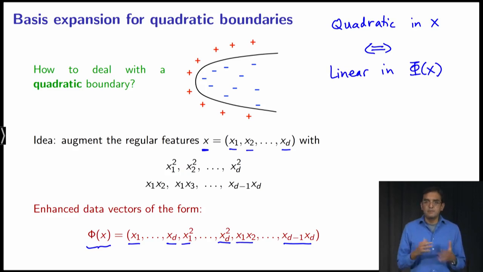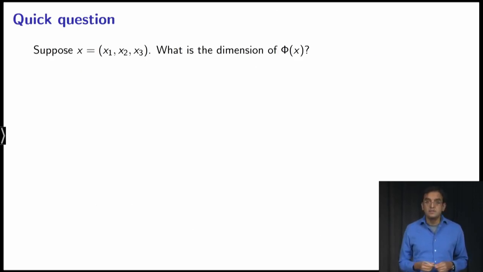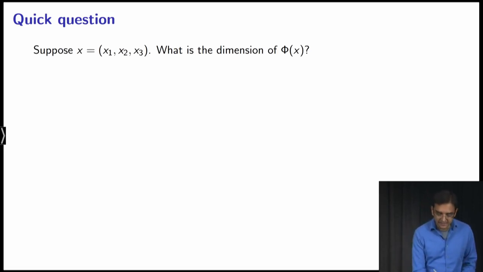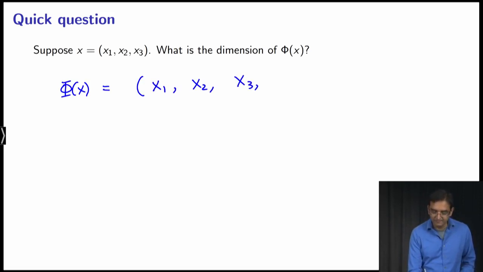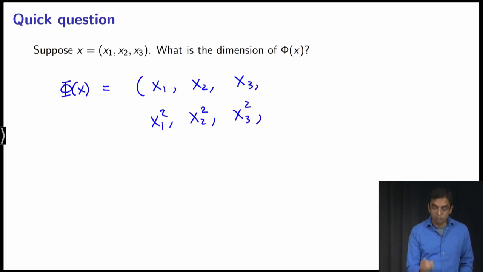So let's be a little bit more concrete about these embeddings. Suppose, for example, that we start with three-dimensional vectors. What is this embedding phi of x? Okay, so phi of x in this case consists of all of the original features, then all the squares, and then all the cross terms.